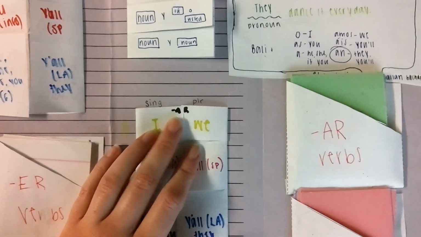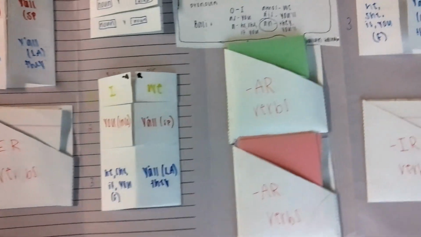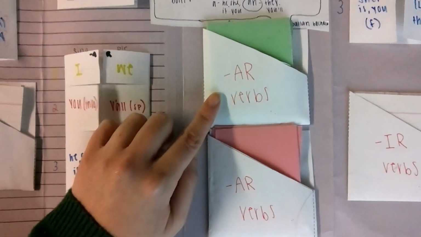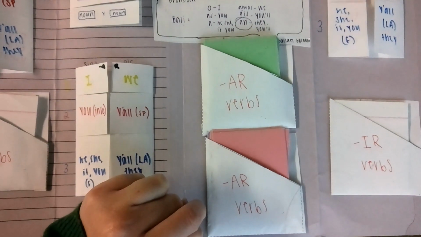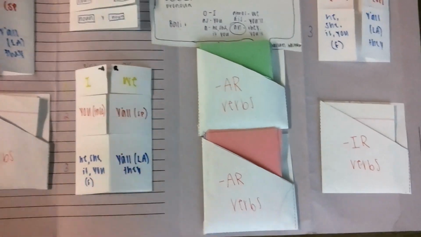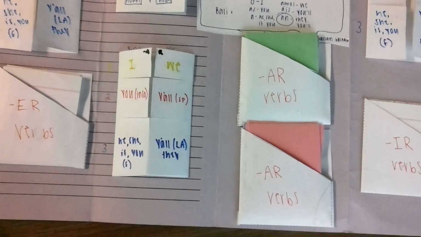Okay. And then you need to label it the AR, because these are the AR verb endings. And then we've put those packets that I handed out to you, like so, and we just divided our AR verbs in half because they don't all fit in one pocket. AR verbs are actually the most common verbs in Spanish, so that's why we have more of them.